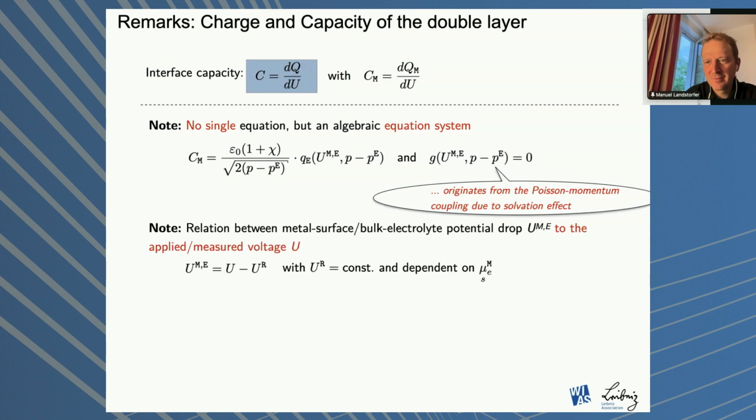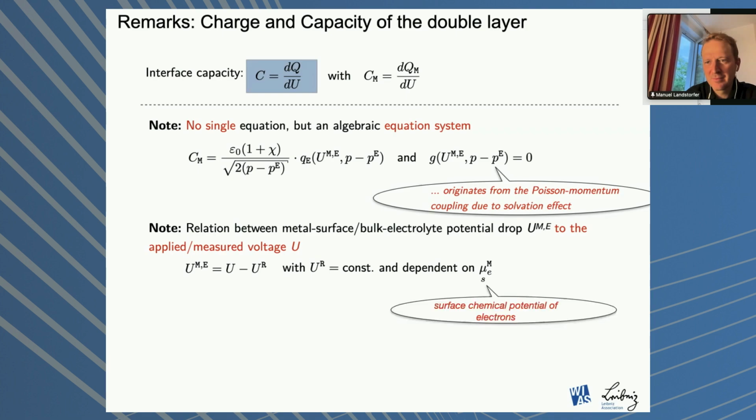Another interesting aspect, which is maybe also related to people from DFT, is that in our derivation we can actually show that this UM, the quantity which actually enters as a voltage, is the applied voltage minus a constant, and this constant basically depends on the surface chemical potential of electrons, or another wording for this would be the work function.